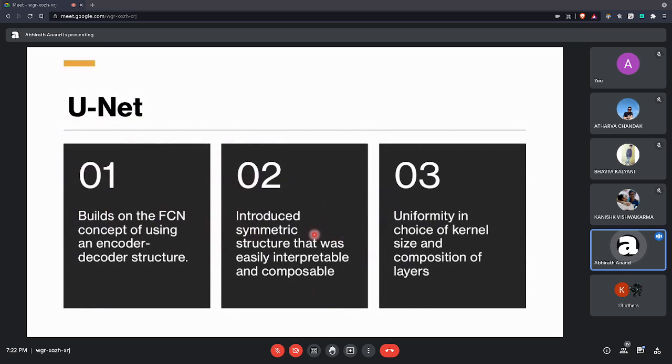This is easily interpretable, easily composable. You can play around with stuff. There's a uniformity in choice of kernel size and composition of layers. So the structure is very symmetric, very nice. It's completely uniform, and therefore you can play around with it very easily. Tweaking parameters is not hard, and it's overall a much better design structure than FCN.